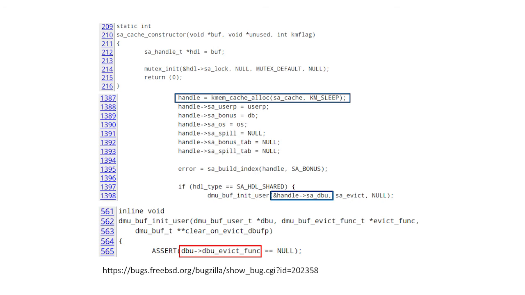And when you allocate a new handle, which is SA, and then call DMU buffer init user, pass the SA buffer, and then in the DMU buffer init user, it checks if the EV function is null, but this field doesn't get initialized. So this is the use before initialize bug.